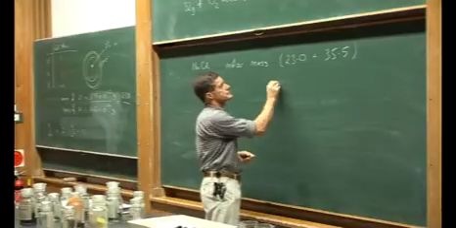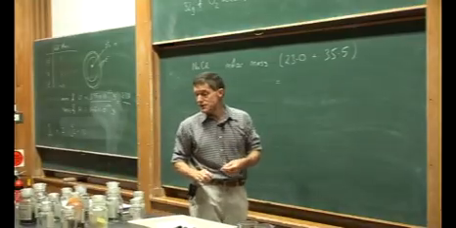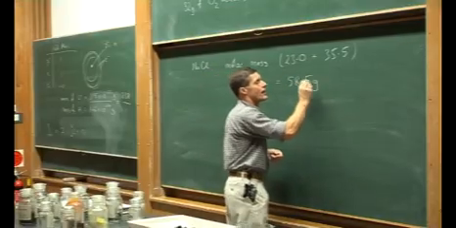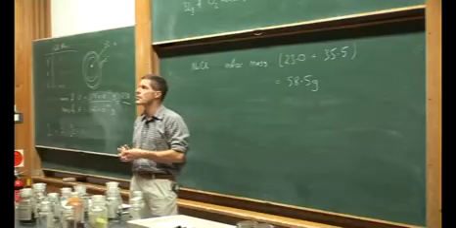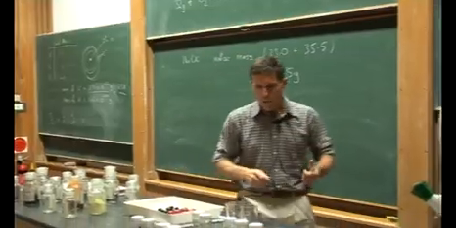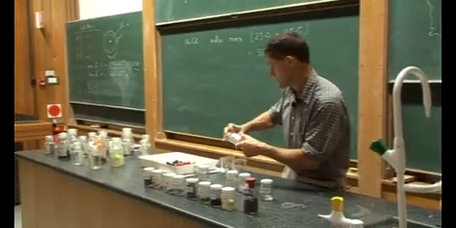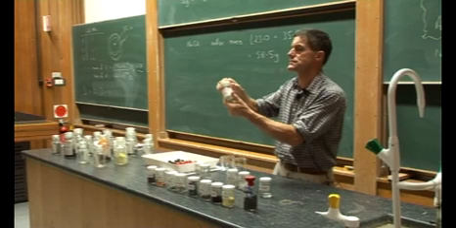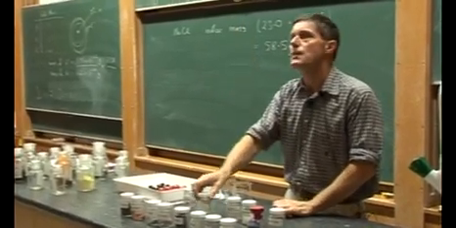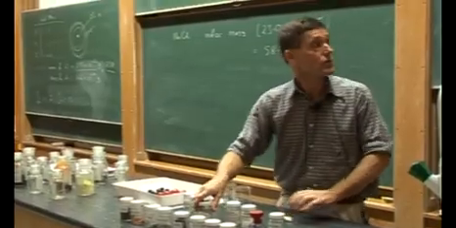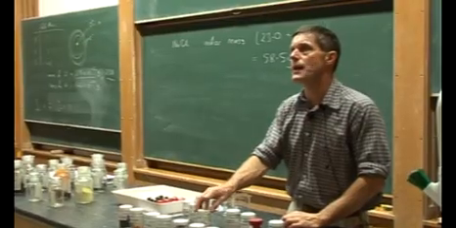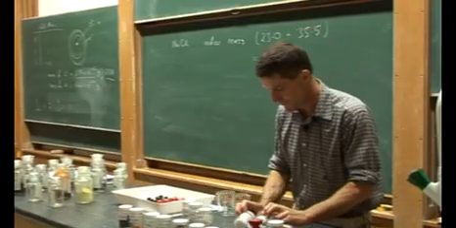Overall then, I have a molar mass of sodium chloride of 58.5 grams, and what that means is that a sample of sodium chloride weighing 58.5 grams will be 1 mole of sodium chloride. It will contain 1 mole, that Avogadro number, of Na plus ions and 1 mole of Cl minus ions.